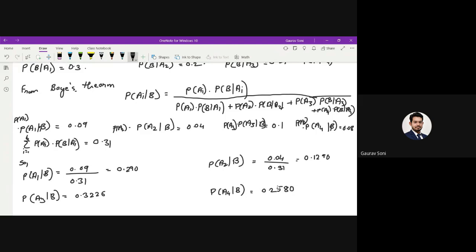So what is the reason for the explosion? Sorry, A3, negligence.